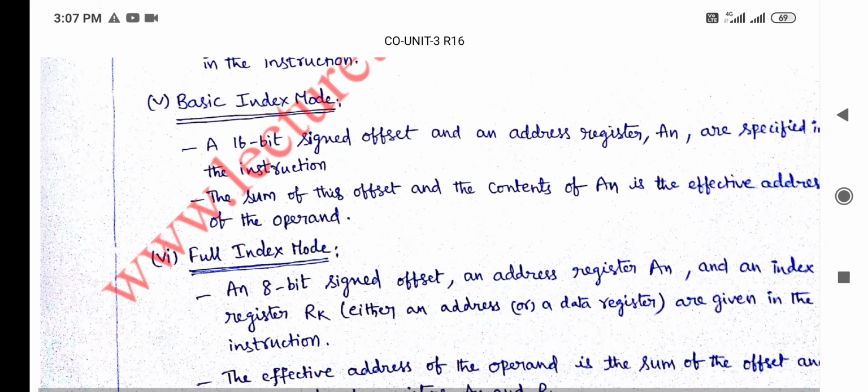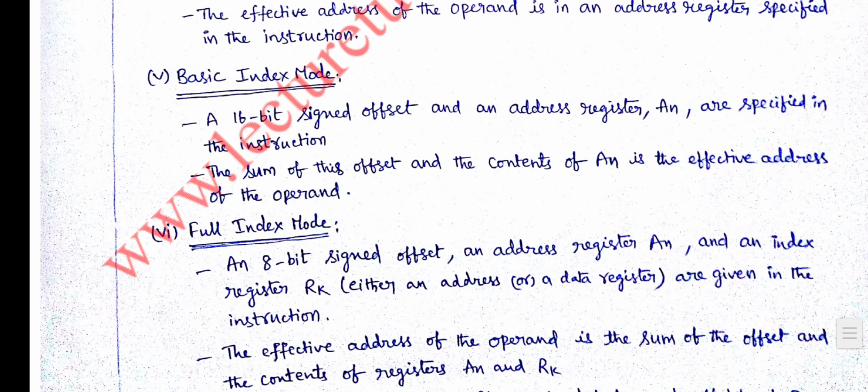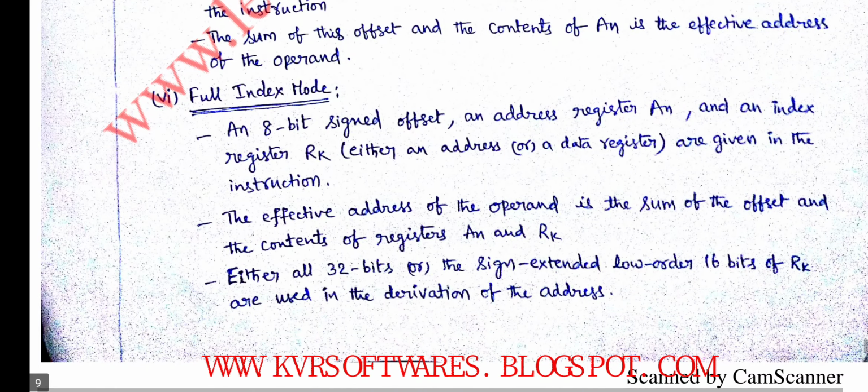Next, basic indexed mode. A 16-bit signed offset and an address register An are specified in the instruction. The sum of this offset and the contents of An is the effective address of the operand. Next, full index mode. An 8-bit signed offset, an address register An and an index register Rk are given in the instruction.